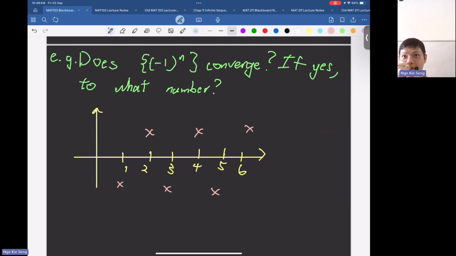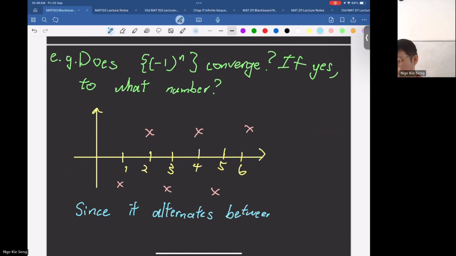Alternating negative 1 and 1. Since the sequence alternates between -1 and 1, it doesn't converge, because we cannot find an L that the terms can be made arbitrarily close to, for all n.